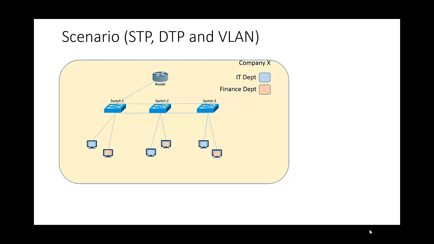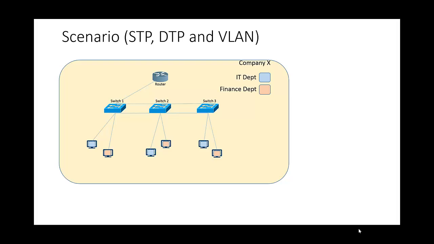The router on this diagram is to show you how you can access the two different departments if you so wish, by using inter-VLAN routing, or in other words, router on a stick. It's the router that will perform this function. In this video VLAN 10 is going to be the IT department, and VLAN 20 will be for finance.